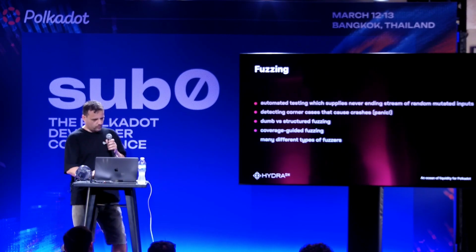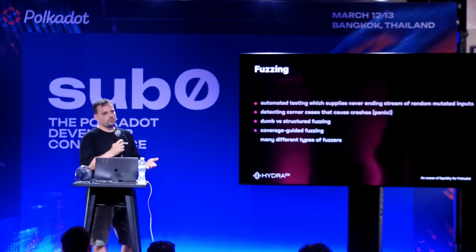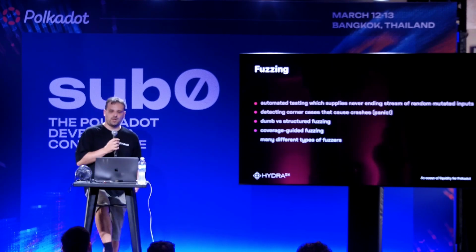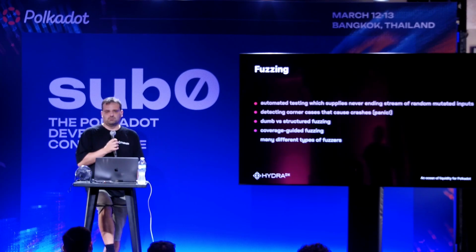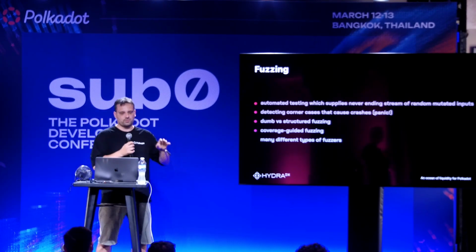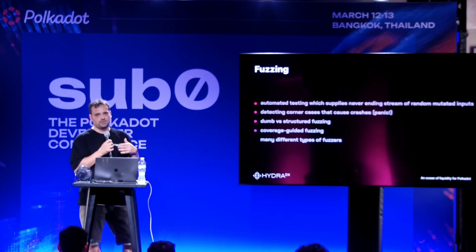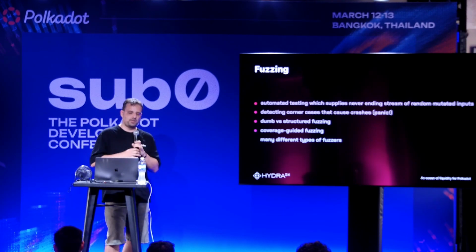So what is fuzzing? As a brief overview, you can look at it as automated testing, which generates never-ending streams of random inputs and throws them at your API. In the case of substrate runtimes and pallets, these are the extrinsics, right? That's the public API that can be called by anyone.